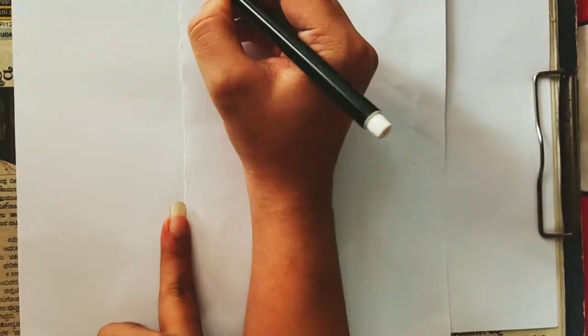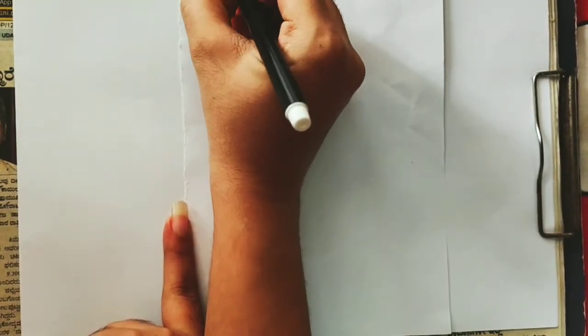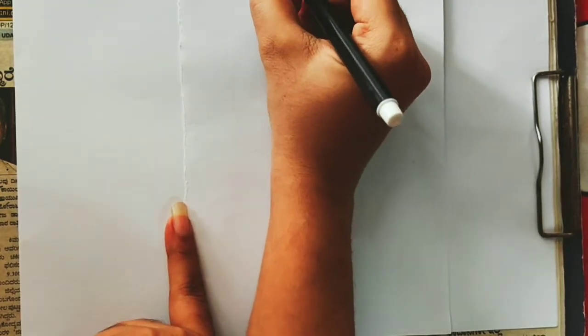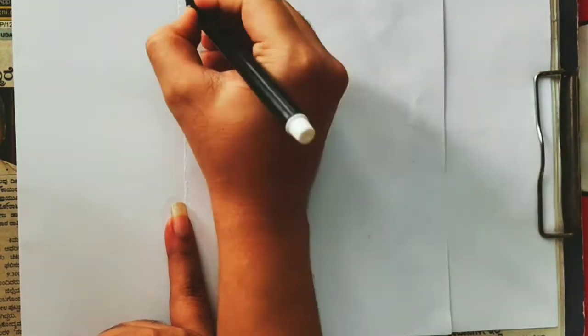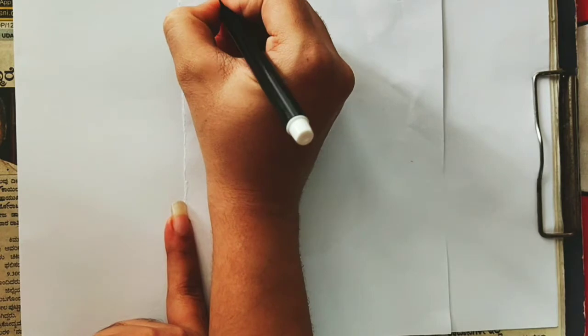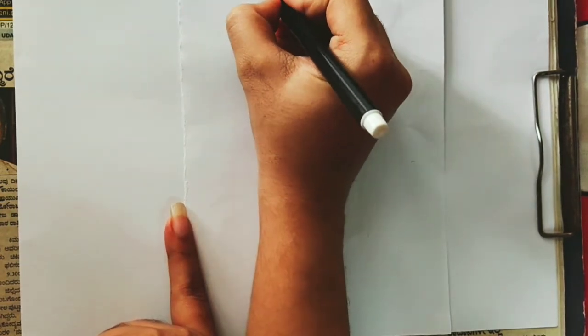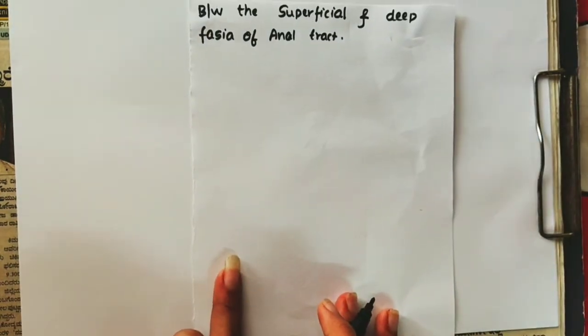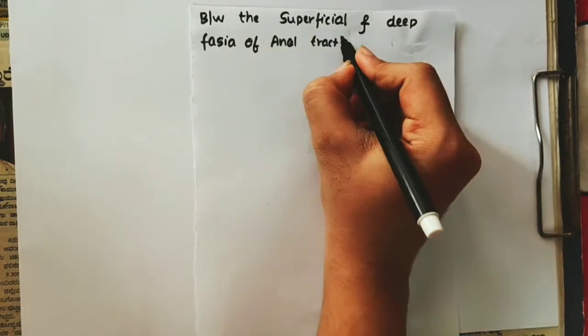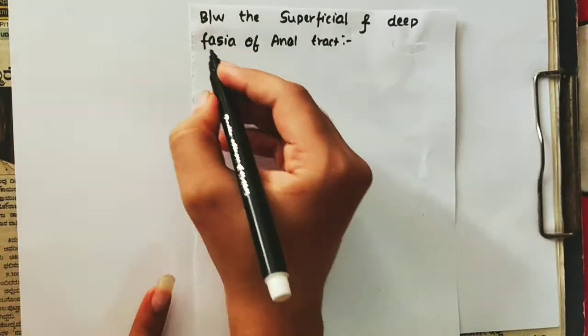So, between the superficial and deep fascia of the anal canal or anal tract, there is a space or there is a fossa.